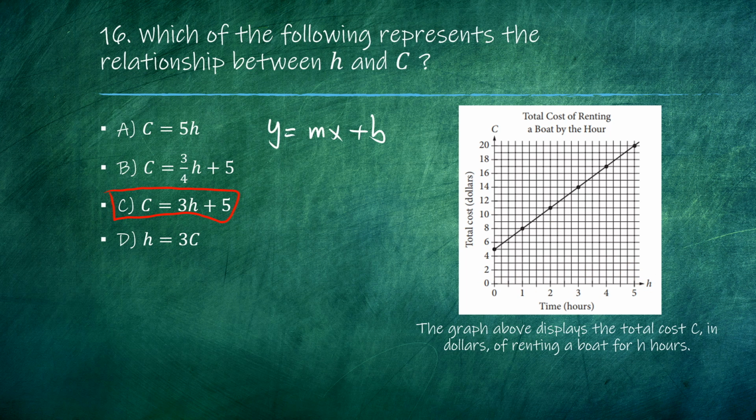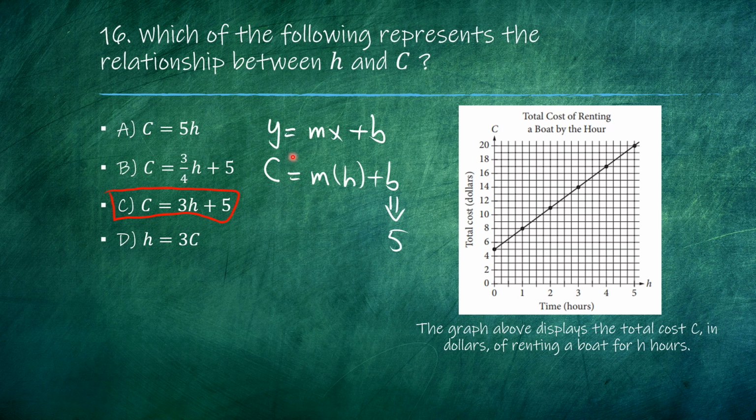So let's rewrite that. We have c is equal to m times h plus b, where b is the y-intercept, in this case the c-intercept. If we're looking at the graph, the c-intercept is at 5. So this becomes 5.